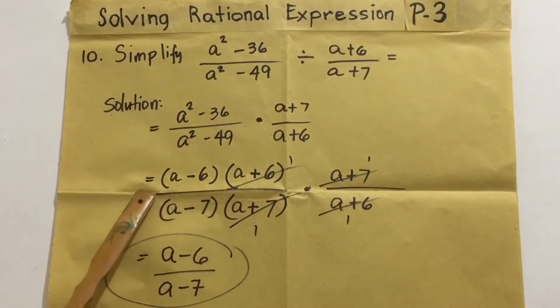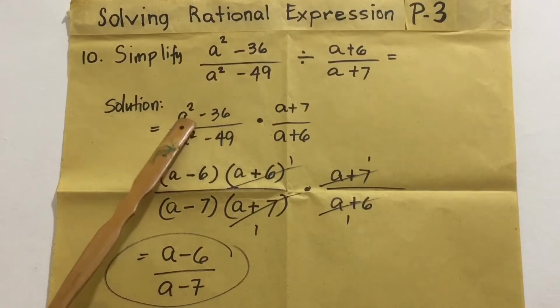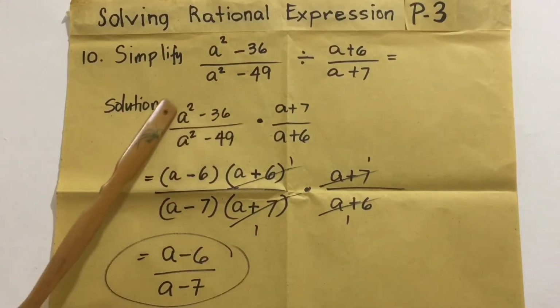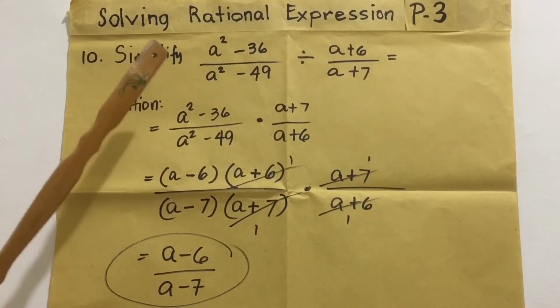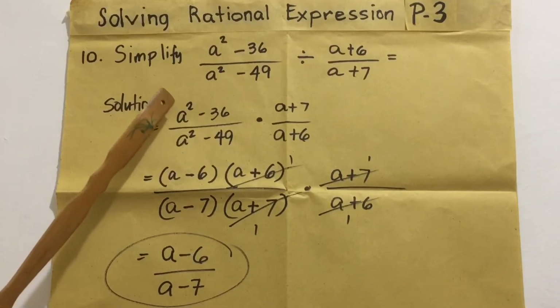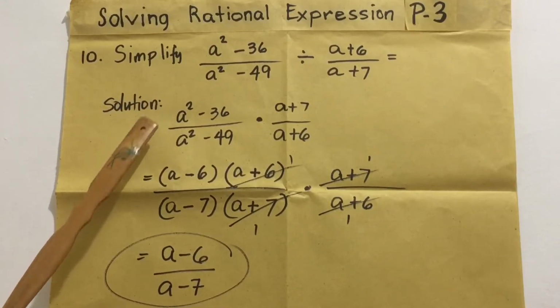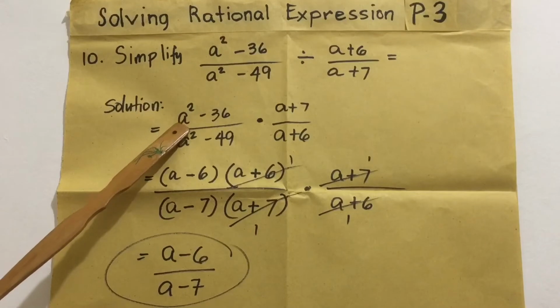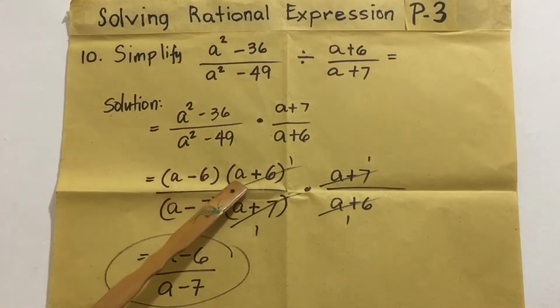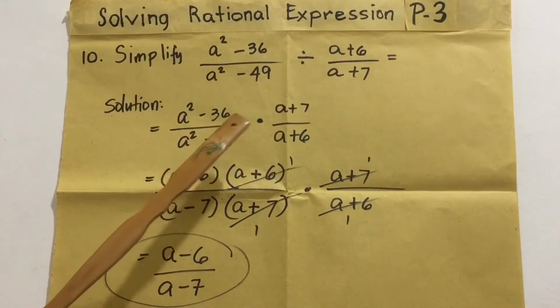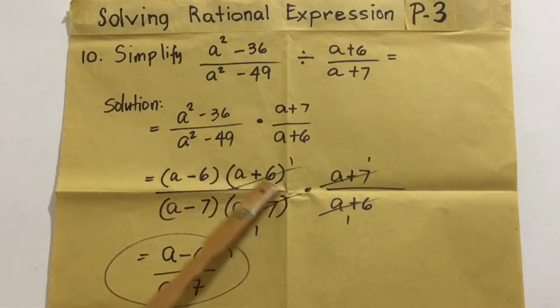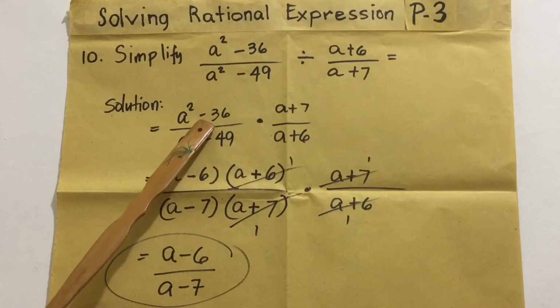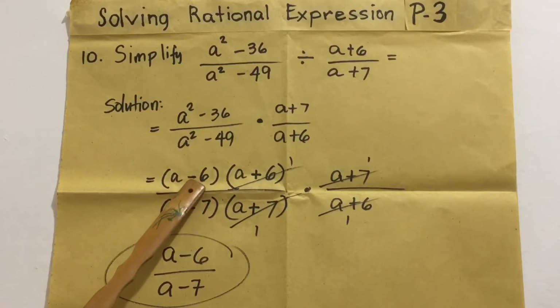Then our next step is to factor, because a squared minus 36 is a perfect square. The factor of a squared is a, and the factor of 36 is 6 and 6. Since the sign here is negative, we have one negative and one positive.